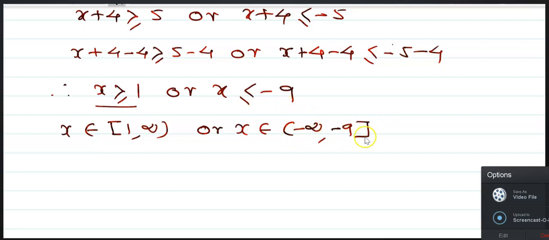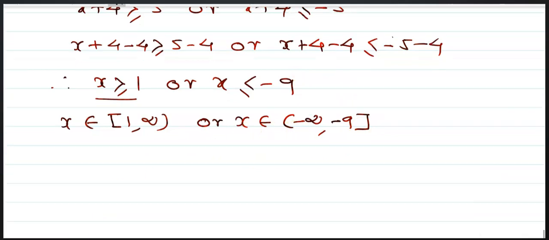Here is greater than or equal to, meaning 1 is included. So x equals 1 and greater than 1, up to infinity. Or x is less than or equal to minus 9, meaning x equals minus 9 and less than minus 9, up to minus infinity.